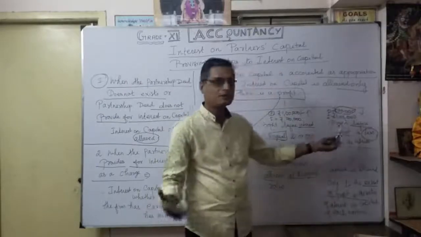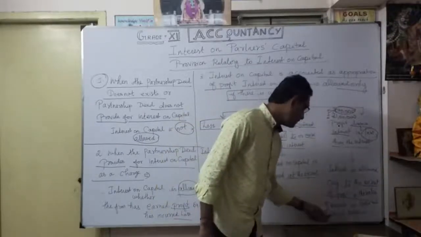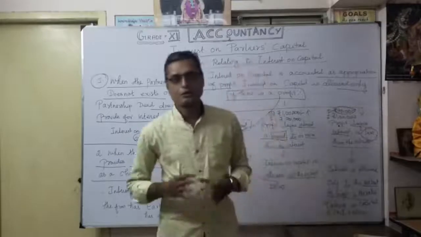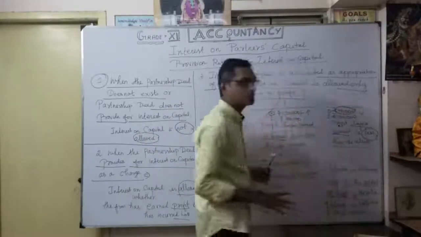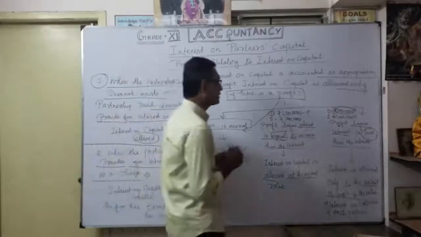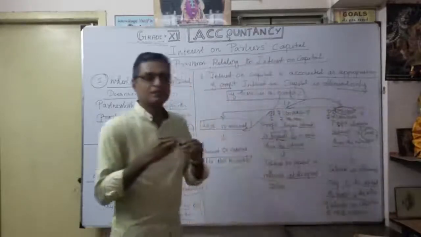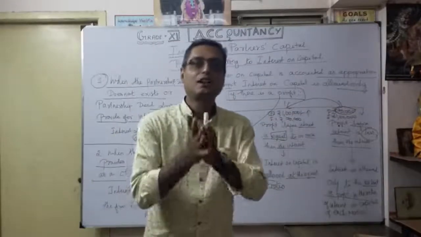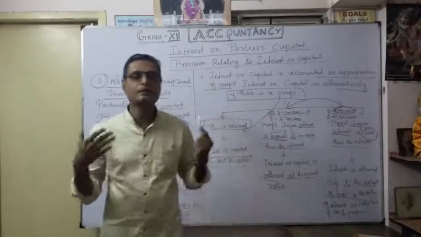The ratio is based on the capital of each partner, so according to the capital contribution we can distribute the interest. Two situations are very important: whether the profit is less than the interest or more than the interest, we are going to charge. Once you understand, we can work through the problem.